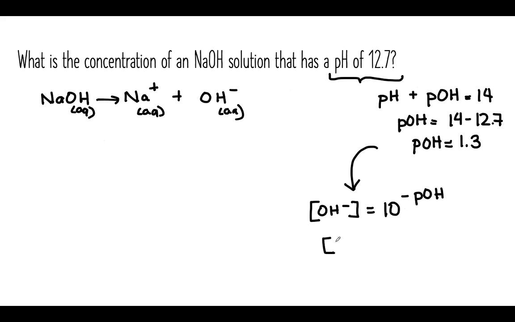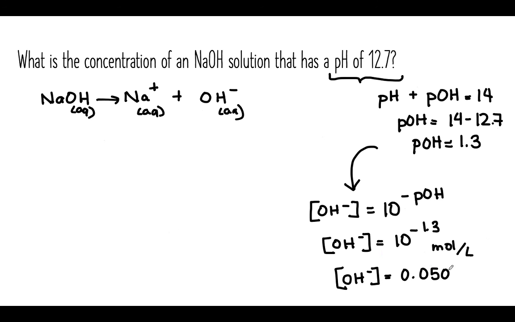So the concentration of OH minus is equal to 10 to the power of negative 1.3 moles per liter. And if I place this number into my calculator, I am going to get 0.0501 moles per liter.